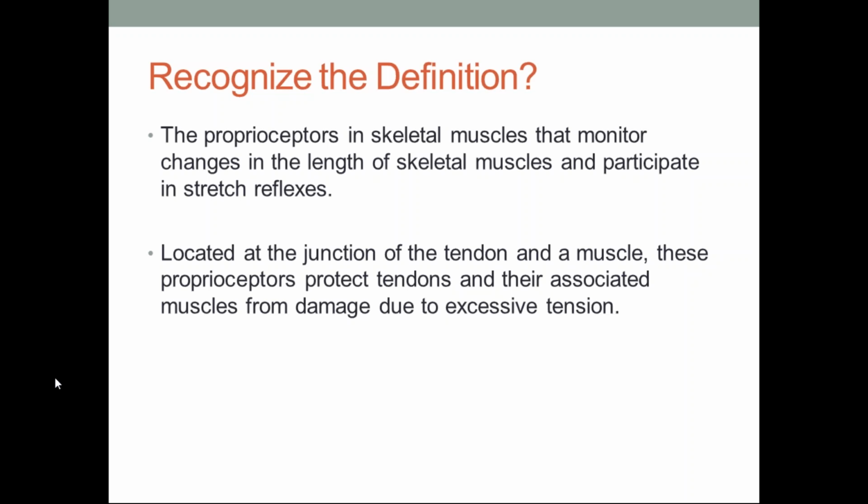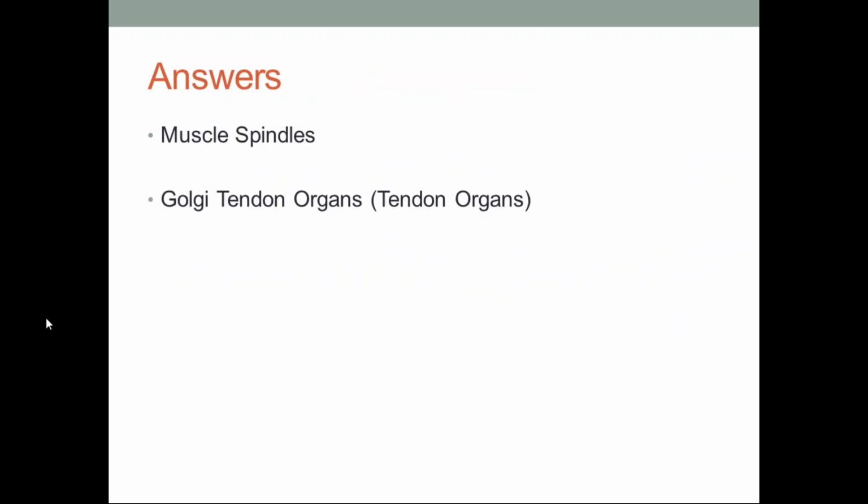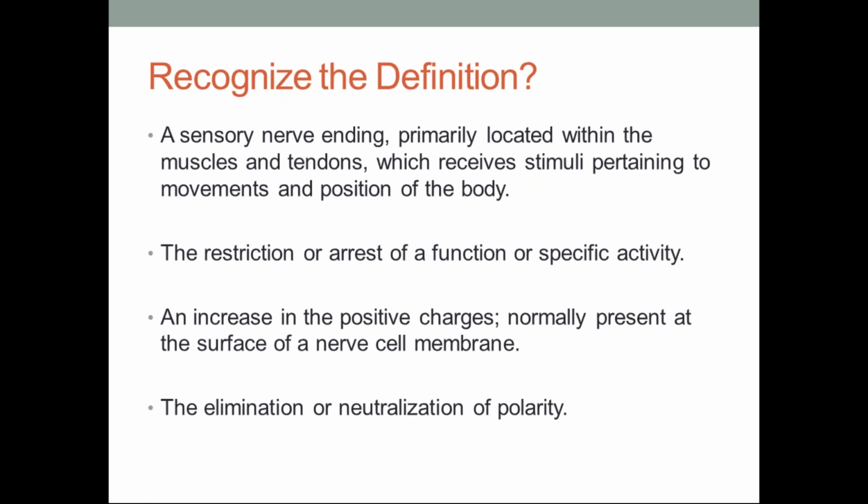That's the easiest one you've been able to type in so far, GTO. Okay, good job. Okay, more definitions. A sensory nerve ending, primarily located within the muscles and tendons, which receives stimuli pertaining to movements and position of the body. No, it's the general name. Proprioceptor, good job. I saw it pop up there.